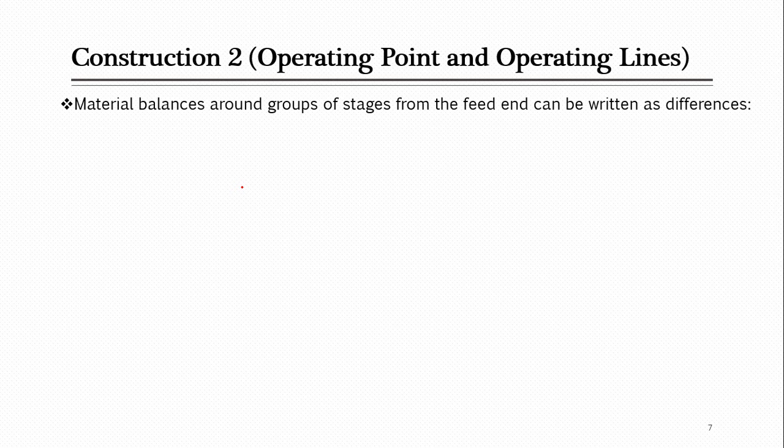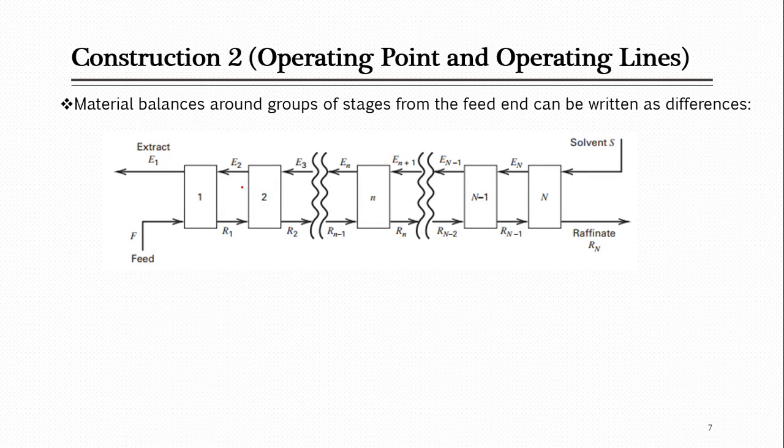So when you look at any number of stages, any system given to you for liquid extraction, as we saw yesterday, there are a number of stages numbered from 1 to capital N, and in between there is some stage represented with small n.